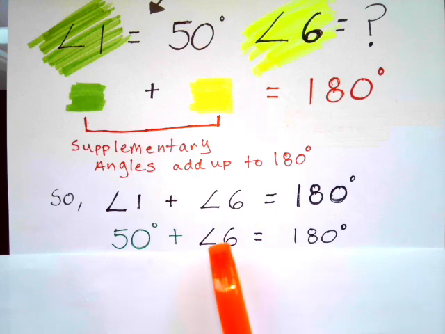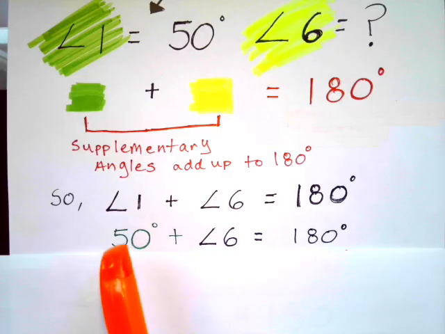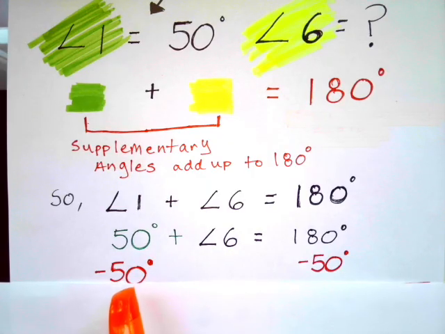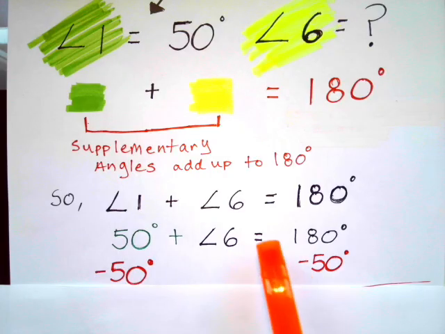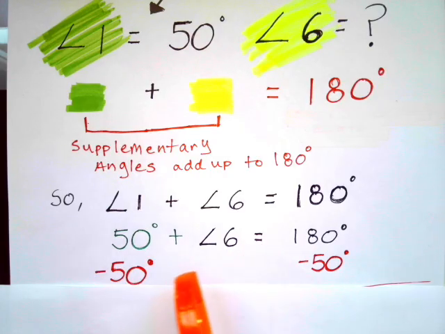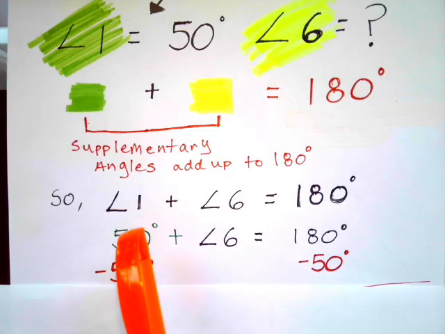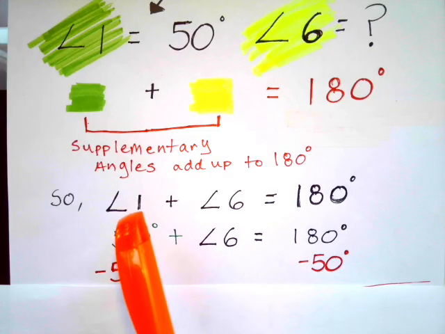I want to get angle 6 all by itself because that's what I'm trying to solve for. I'm trying to find the value of angle 6, right? So I want to eliminate 50 degrees. What is the opposite of 50 degrees? It's minus 50 degrees or a negative 50 degrees, right? So I'm going to subtract 50, not just to one side of the equal sign, but to both sides of the equal sign. 50 minus 50 is gone.